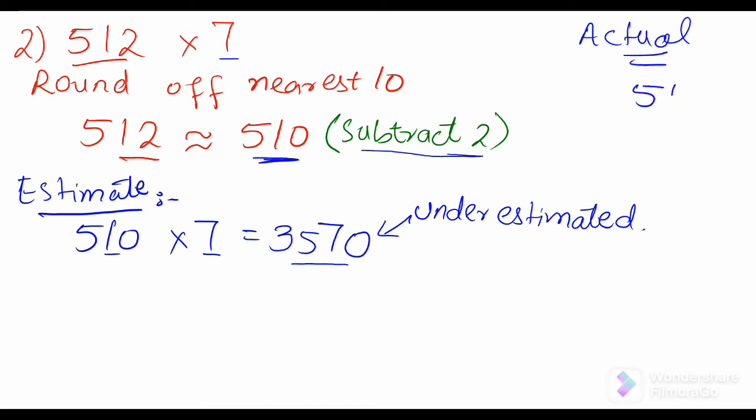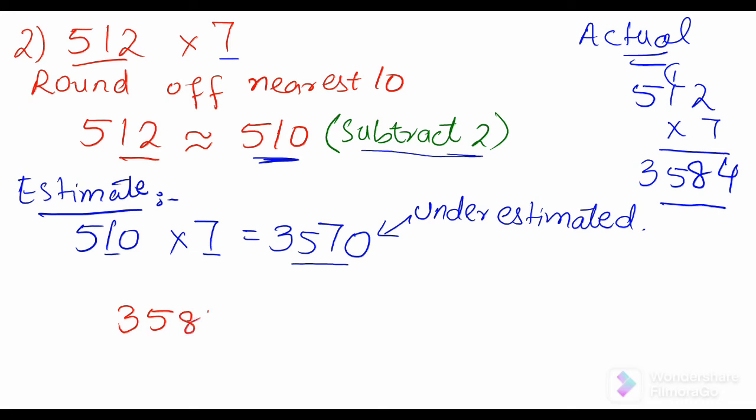I'm using the standard method again. 7 times 2 is 14. 7 times 1 is 7 and 1 will be added to become 8, and 7 times 5 is 35. So you can compare these two values. First, let me write the actual value here, which is 3,584. It's my actual value.